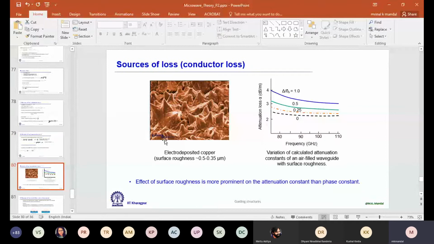If you look at the metal surface, it looks something like this. And if the surface roughness is comparable to the skin depth value or more than it, then actually conductor loss increases from what we calculated. Here are some examples. It can in fact be 2 to 3 times compared to a smooth surface.